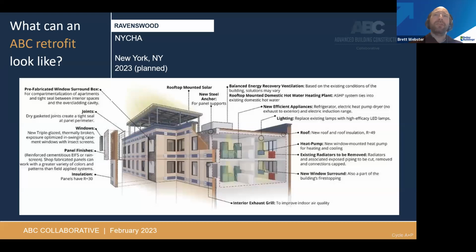The panels also significantly improve the air leakage of the building through gasketed connections at the panel joints and window detailing. That new high performance envelope is then paired with electrified equipment that can be sized down because of the reduced thermal loads. And the whole building in this case is predicted to save something on the order of 75% of its existing energy use.